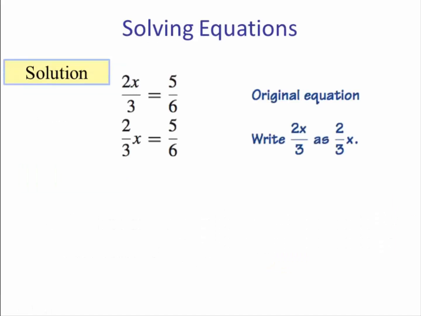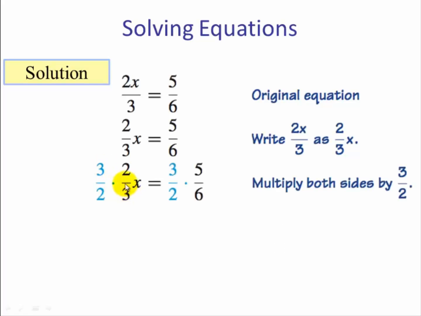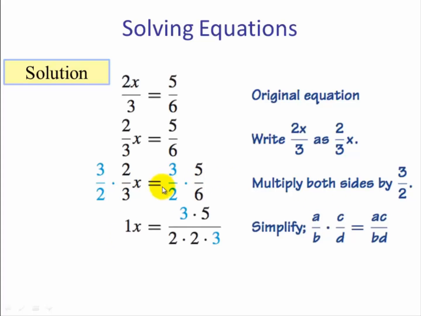If we multiply both sides by 3 over 2, the 3's are going to cancel, the 2's are going to cancel. We're left with x. And if we take 3 over 2 and multiply it by 5 over 6, we're going to get 15 over 12, which reduces to 5/4.